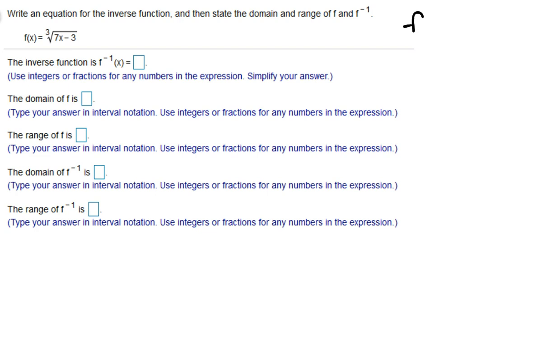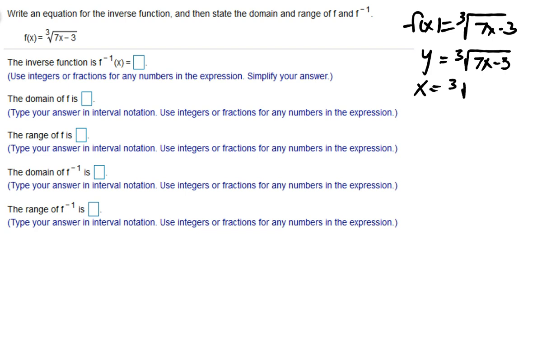So let me write f of x equals cube root of 7x minus 3. The first step is to change this f of x to y. It's a little bit easier to work with the symbols when you have just the y. The next step is to switch the x and the y.